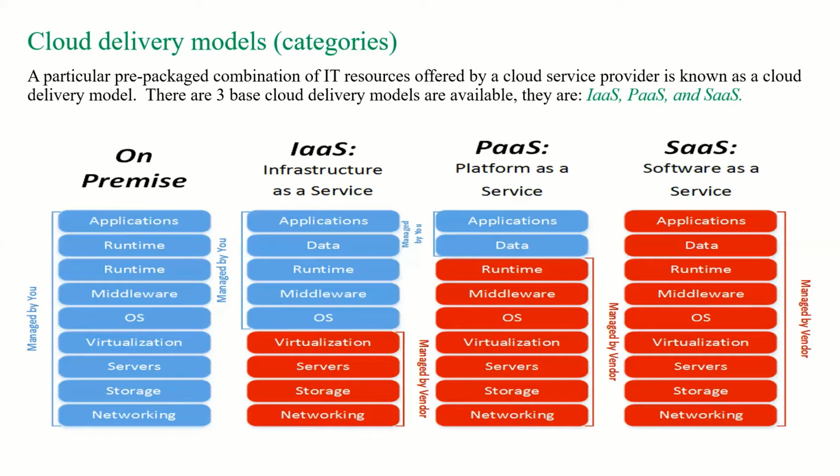So owning a car is just like you own your own data center, that is the on-premises data center. There are so many hassles, right? The bottom line is here, you're the boss and you will manage everything end to end.